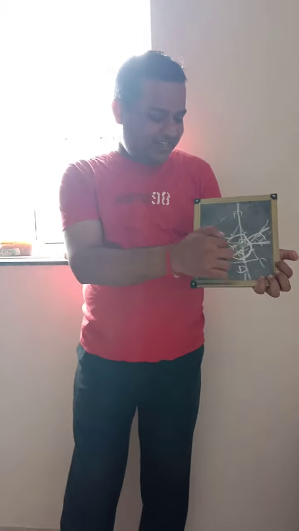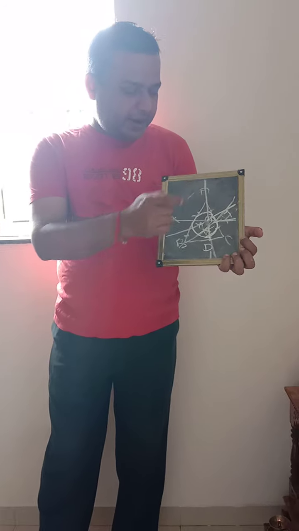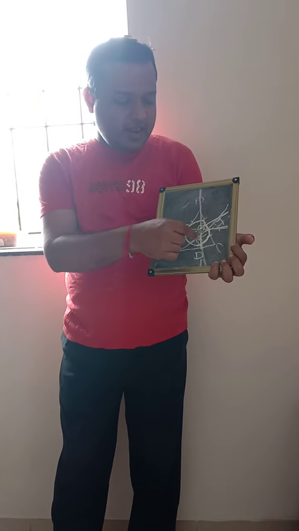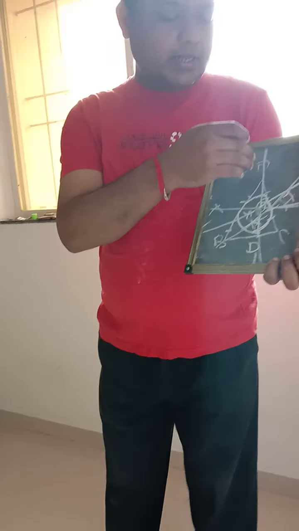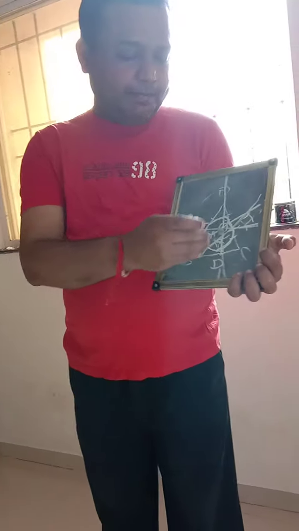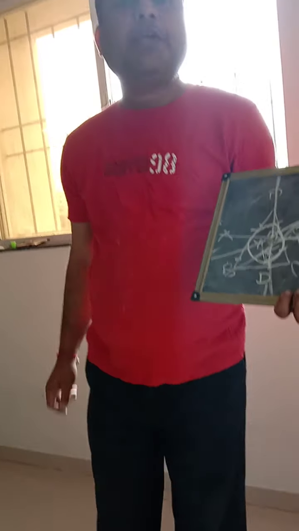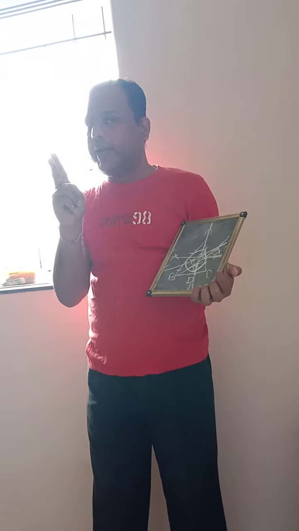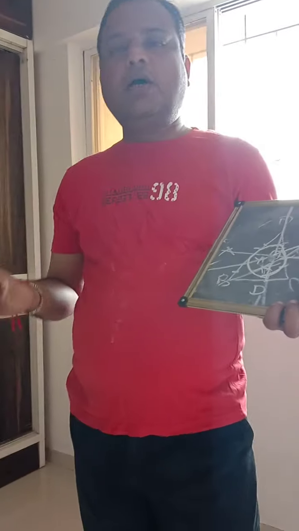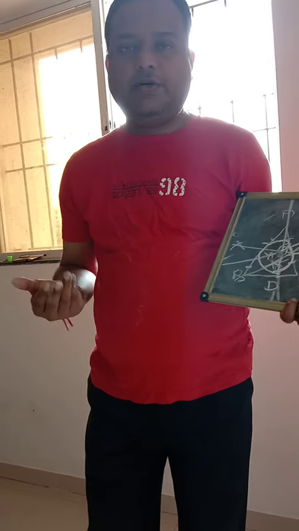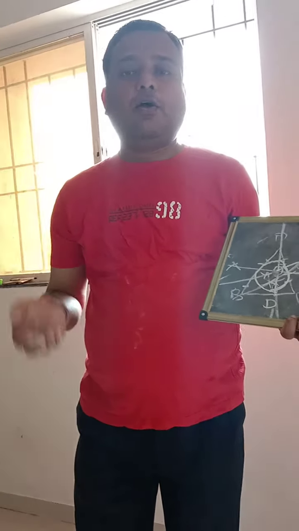Everybody seen? ABC is a triangle, and this circle touches every side of the triangle, like the lines AB, BC, and AC. So here you bisect one line and bisect two angles. One line and two angles. You can easily draw the incircle of a triangle.